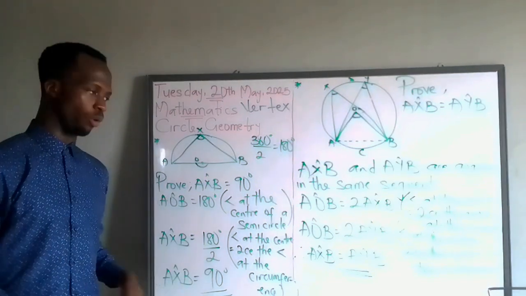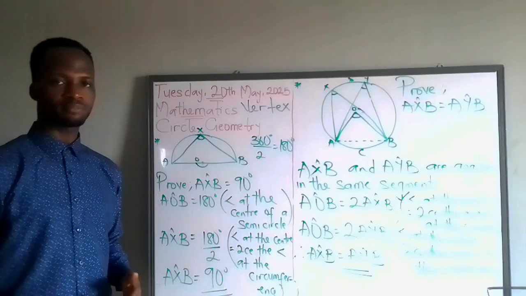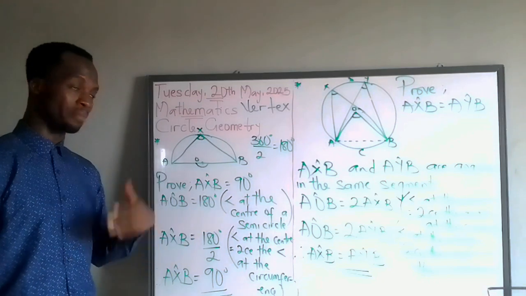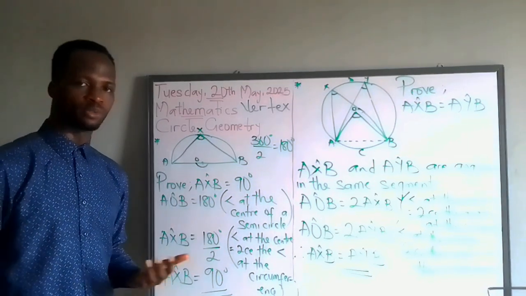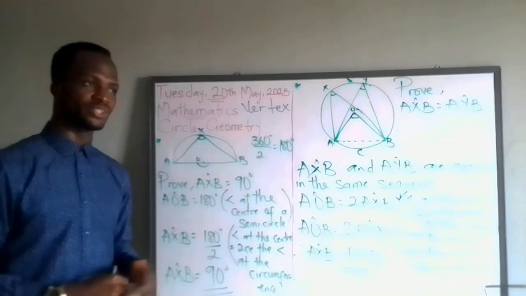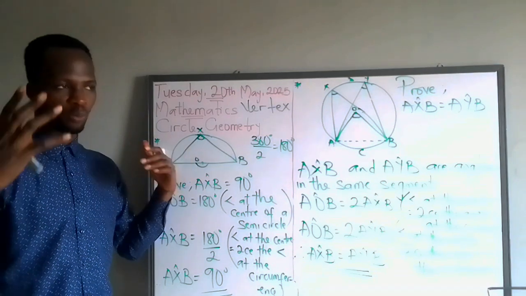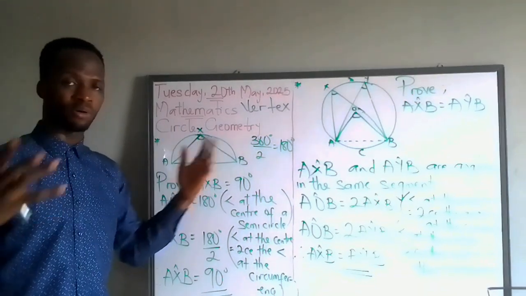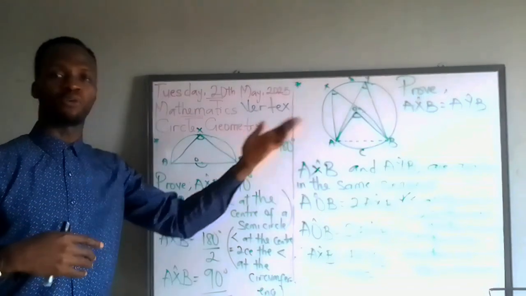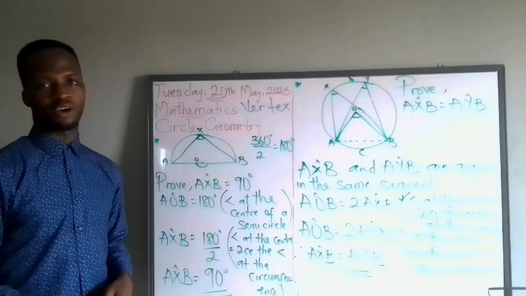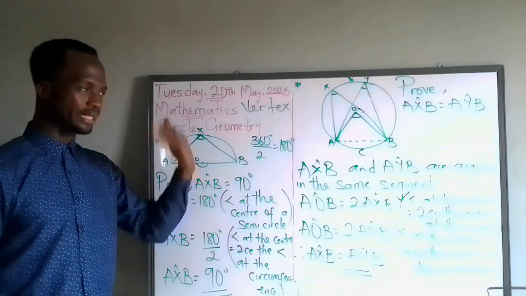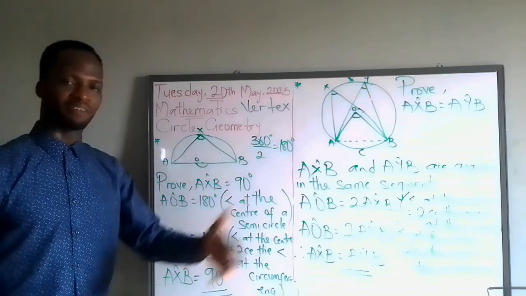From here we begin to see applied questions, or other circle theorems, because one thing about geometry is that you need to bring two or more theorems together, in fact about 3 or 4, to solve a particular question. So we're going to see more theorems, and then we'll begin to apply them one after the other.